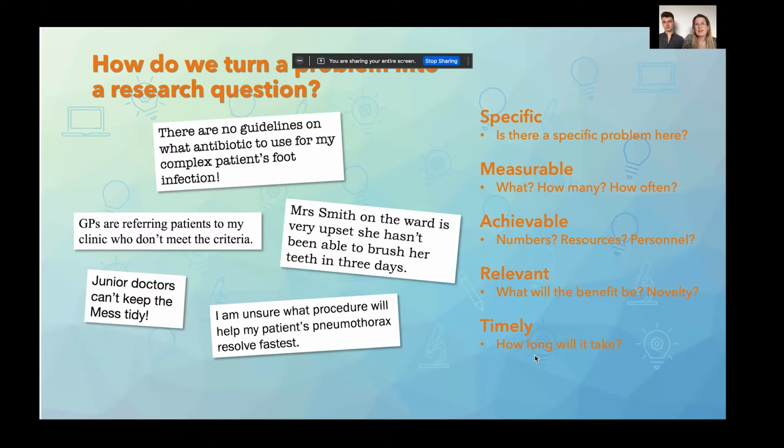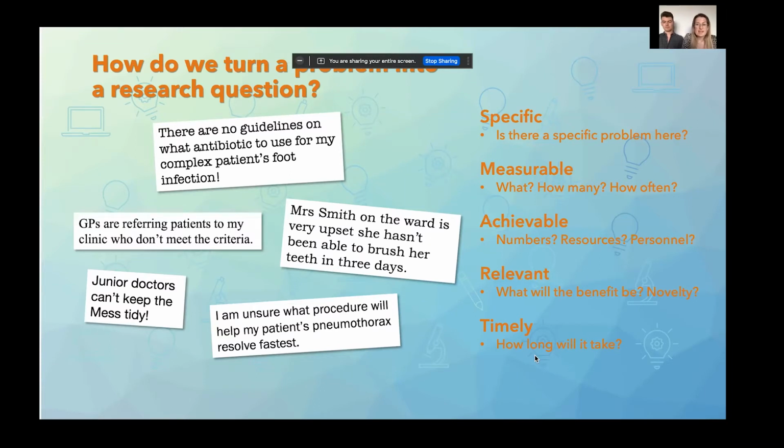What we mean by that is if you take something which is really, really broad, it's going to be really difficult to find the evidence that you need to back up your hypothesis. Something like, I want to cure breast cancer. I know that's a silly example, but it's such a big problem. You need to be quite specific in your research question.